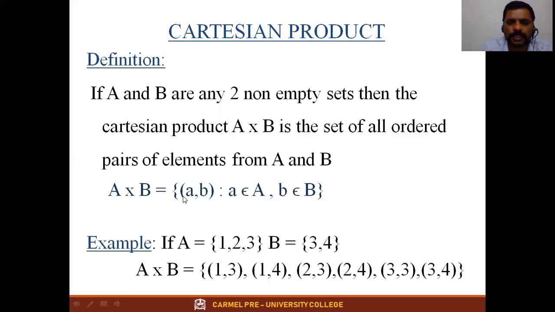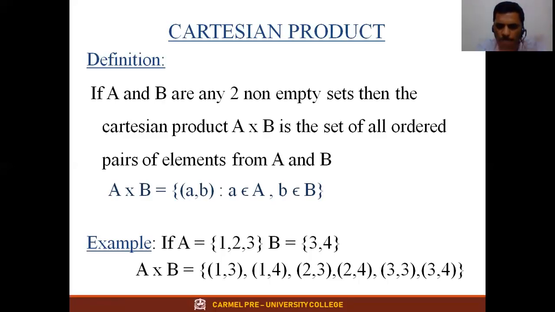A cross B is the collection of all the elements in the form of the open interval (a, b), where a is from the first set A and b is from the second set B. This is called an ordered pair.